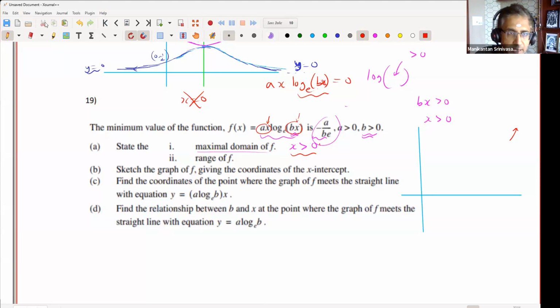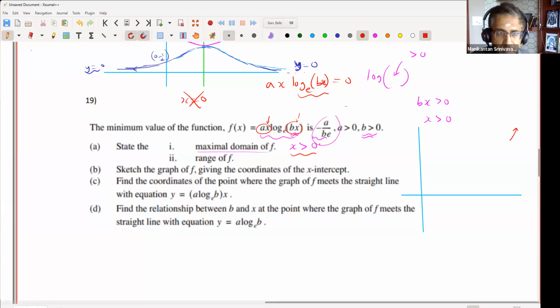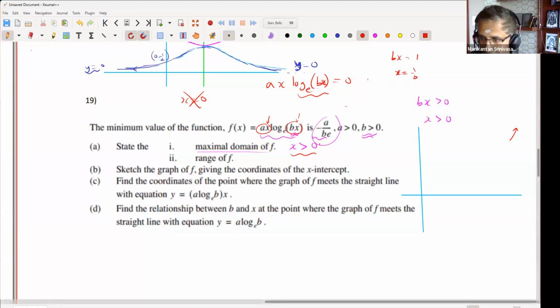That means bx has to be 1, so x is 1 by b. At x equal to 1 by b, it will cut the x-axis. We don't know what b is, it's just some number greater than 0.